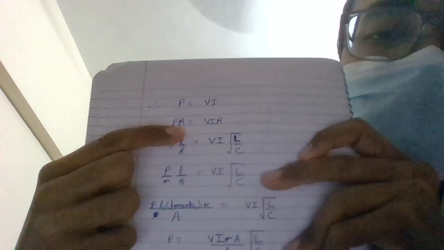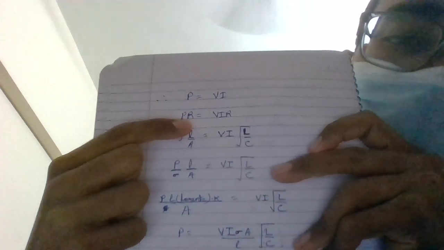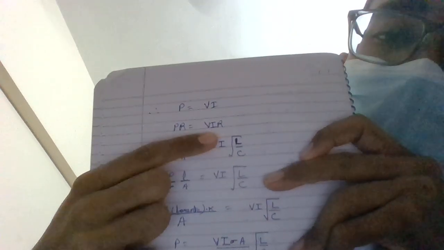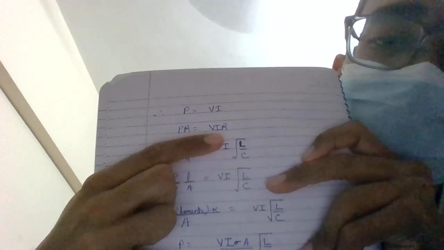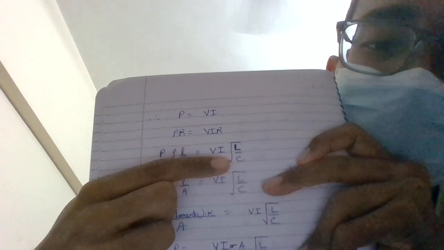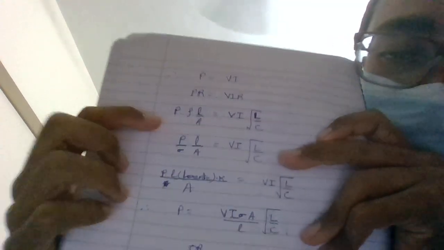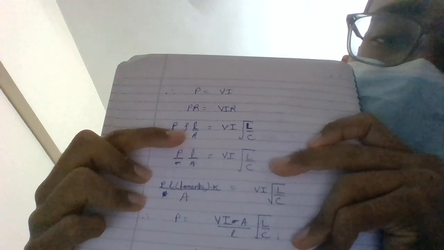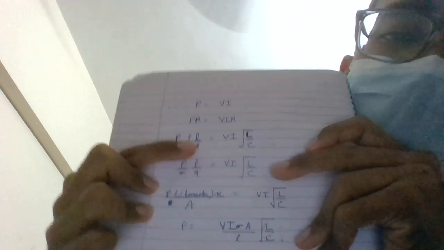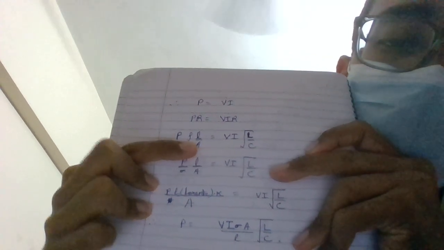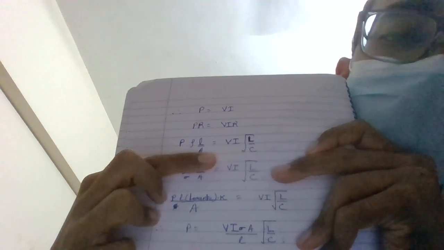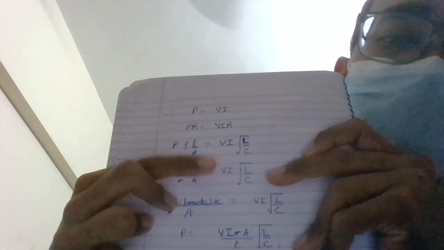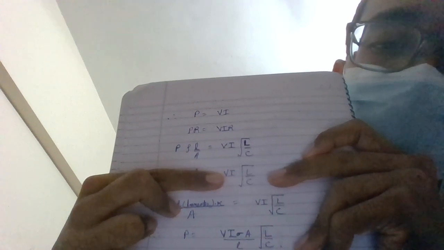Suppose you were to take this one in the form of specific resistance, and this one as L by C. That way you'll get power times rho, which is specific resistance, times l upon A, which is equal to V times I into the square root of inductance upon capacitance.